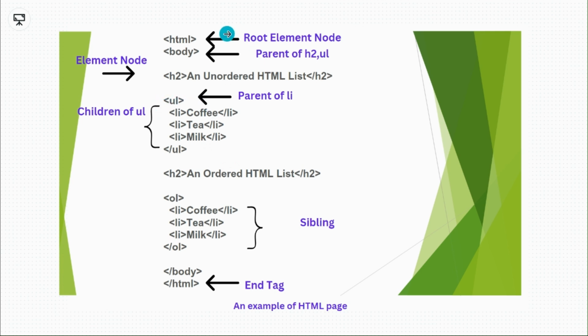If we are using XPath, the path would be double slash ul, and after ul, if you want to capture this element coffee, then after ul double slash li, and then you can add the text or attributes of this li, then it will return this element. As soon as you enter double slash ul, it will start the search from this element in this whole HTML document. It will not start a search from the HTML body from the beginning. It will start from the ul. And if you enter double slash ol, then it will directly start its search from that element.